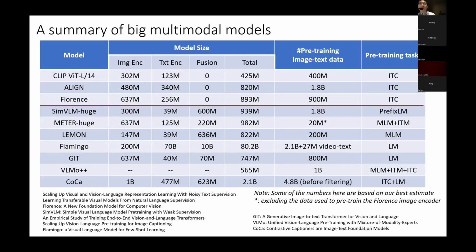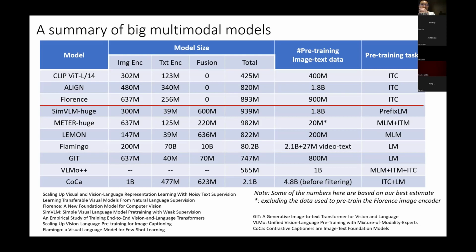The second half of this table contains the models that we are going to cover. Here we also try to calculate how large the models are. This is rough, and some numbers are just estimated because we cannot know exactly how many parameters a model has. But roughly, the model sizes, at least for the current models, are around 1 billion.